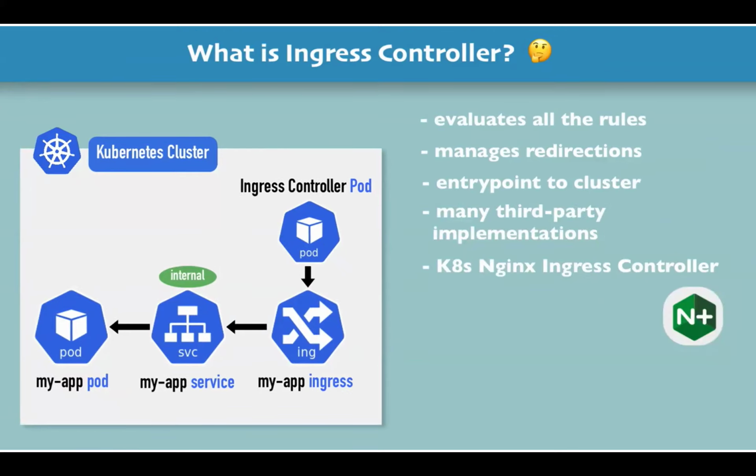This controller comes from a third party, meaning you cannot directly go and download it. It comes from some other third-party users. For example, one of them is Nginx. Generally, we do it for websites, so Nginx as a web server comes along with it. We are going with Nginx.